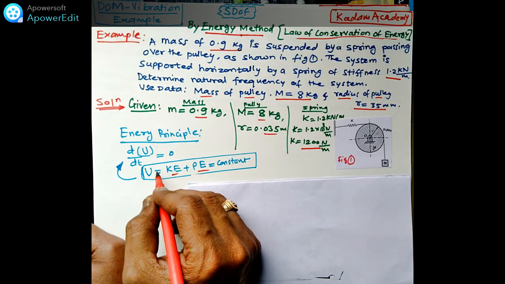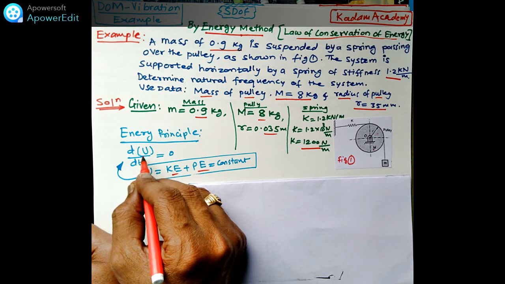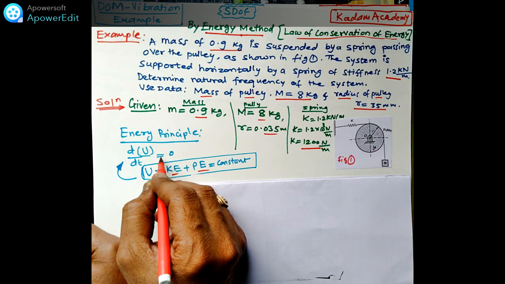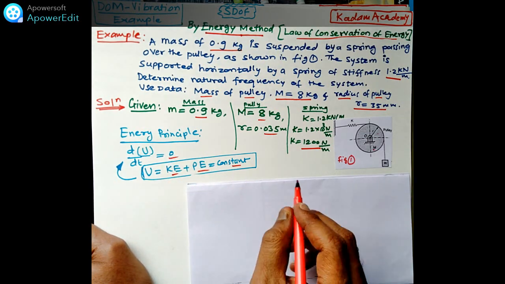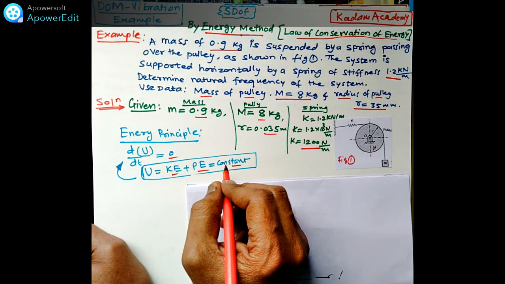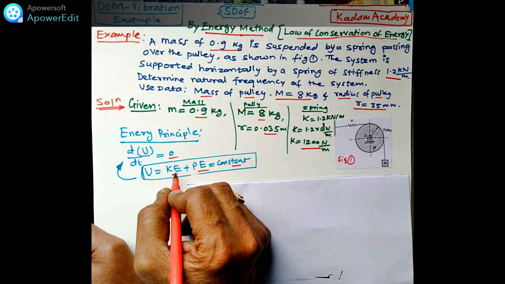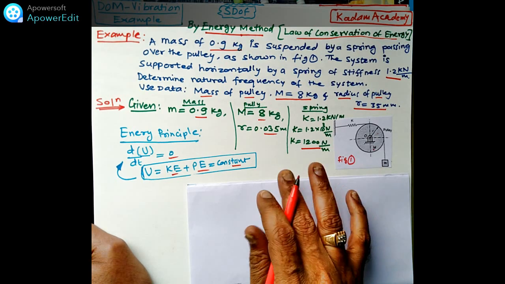So if we differentiate this total energy U, dU by dt, because it is constant, it will come to 0. According to this energy method, this is the formula we have to utilize. For this we have to find out KE, the kinetic energy of this mass.